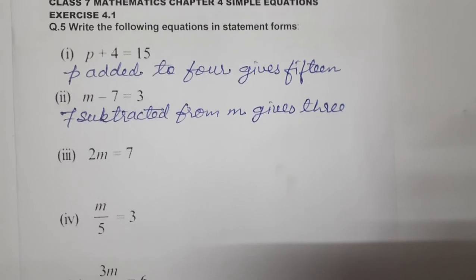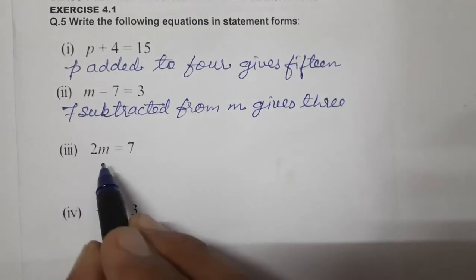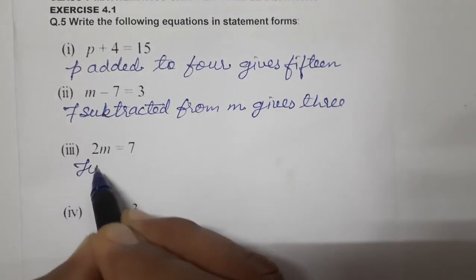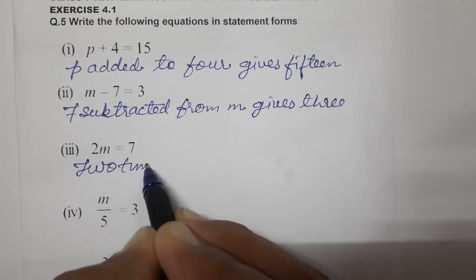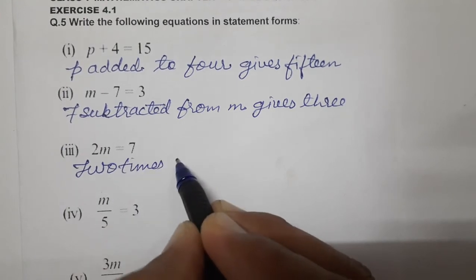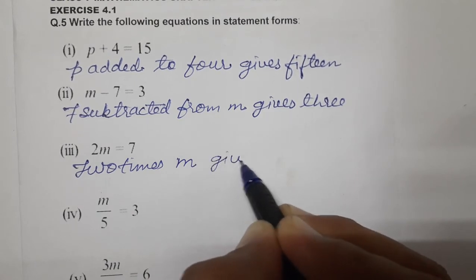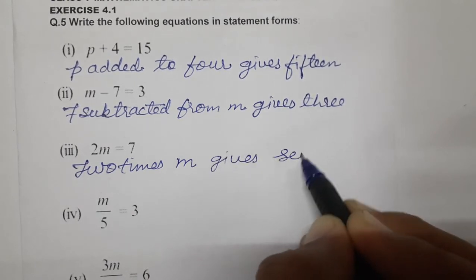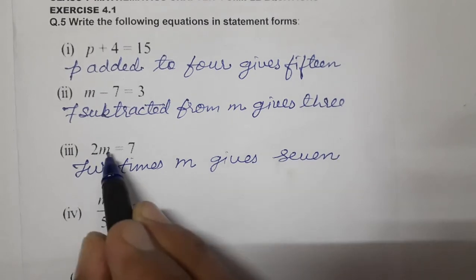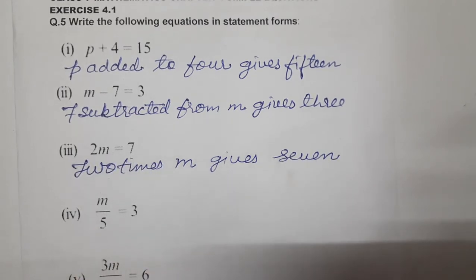Now, 2M equals to 7. So what will we write? 2 times M gives 7. 2 times M, 2M gives 7.